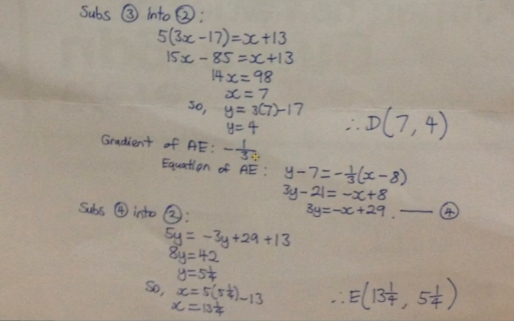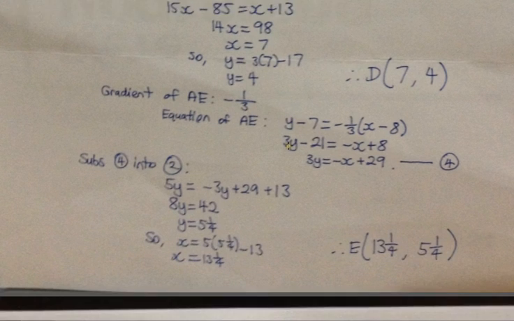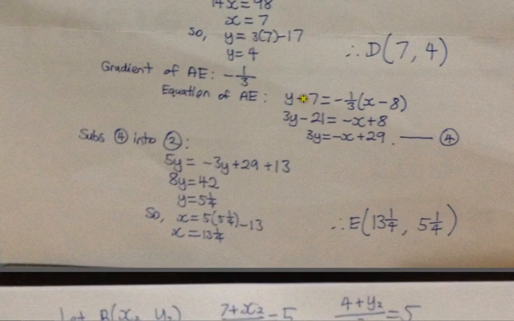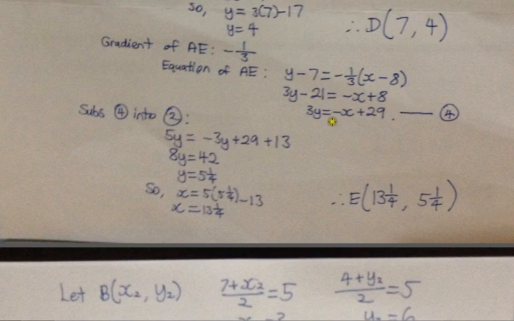That's because they are perpendicular to one another. So the equation of AE using the equation formula will be y minus 7 equals negative 1 over 3 times x minus 8. I'm using the A coordinates as my reference. Solving, 3y will equal negative x plus 29.